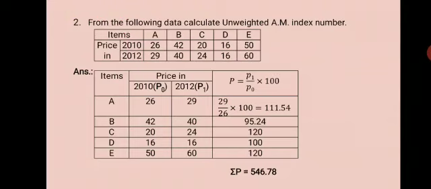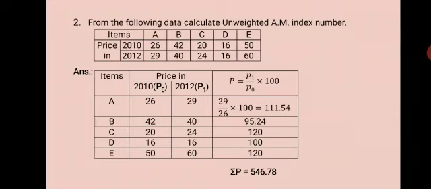Then next is 40 divided by 42 into 100, we will get 95.24. Then 24 divided by 20 into 100, we will get 120. Then 16 divided by 16 into 100, we will get 100. And the last one is 60 divided by 50 into 100, we will get 120.